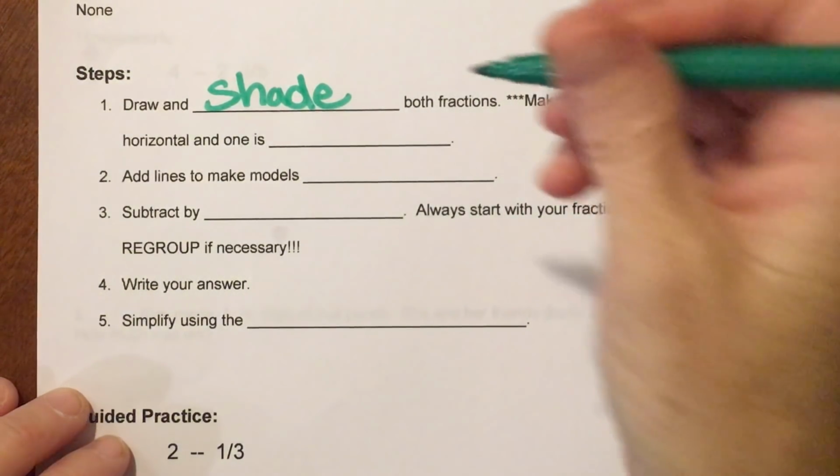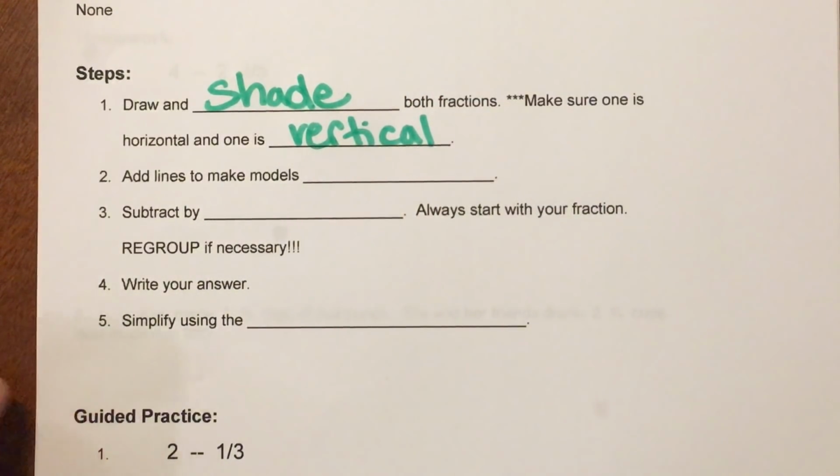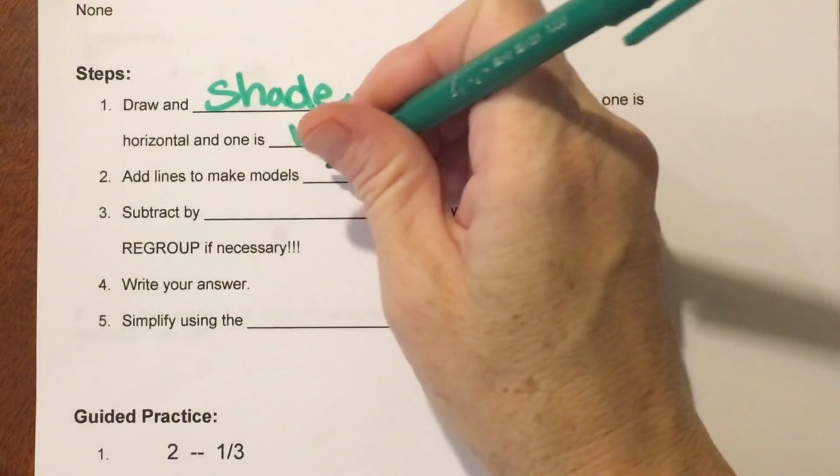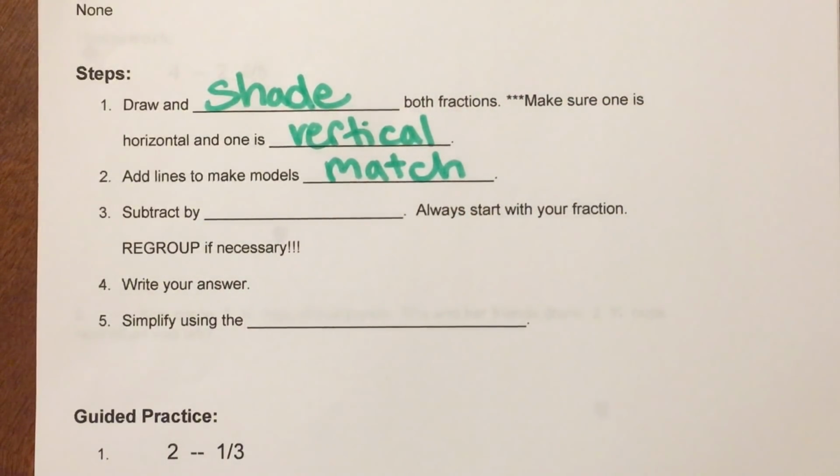Make sure one is horizontal and one is vertical. That's a must. Then we add lines to make our models match. This is kind of the visual way of finding the common denominators. So when we use algorithms, we find common denominators. When we use area models, we add lines to make models match.